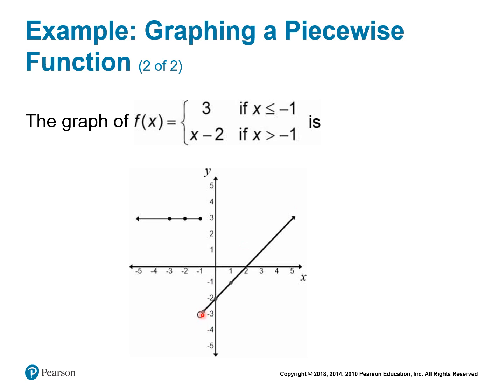However, you see that at x equals -1, we have a hollow circle. That tells us that -1 is not included, is not a part of this function.